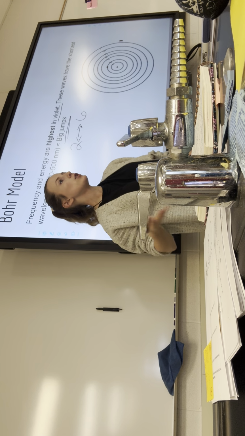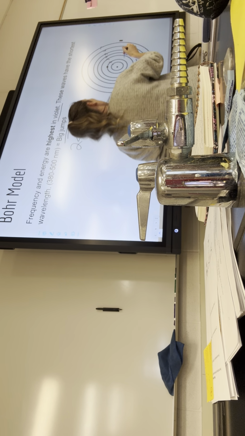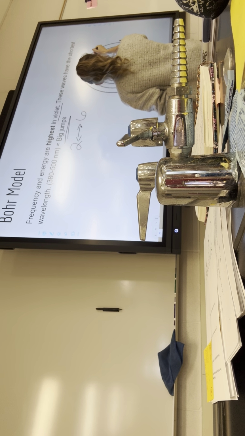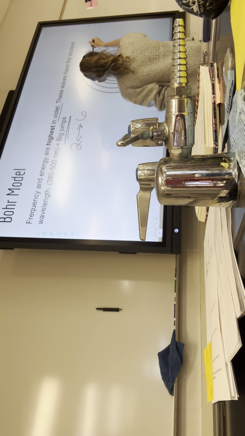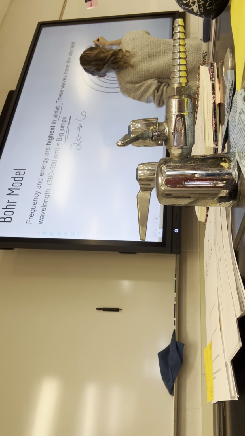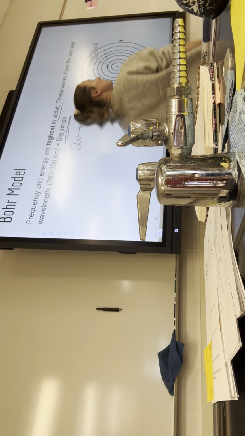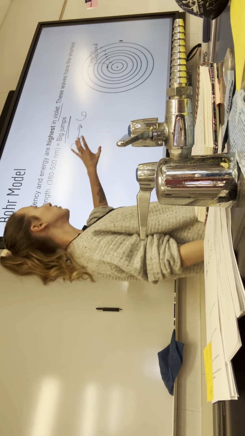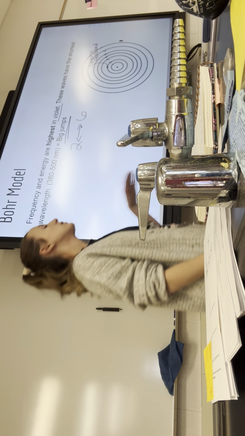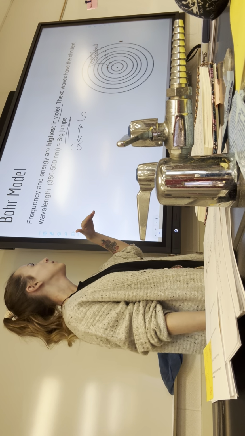And to indicate the jump with energy added, I am going to draw an arrow up to energy level 6 here. And I am going to write, this is where energy is absorbed. This is what you need to be writing on your Bohr model as well, please. So this is indicating my energy being absorbed, the excited state for the electron.